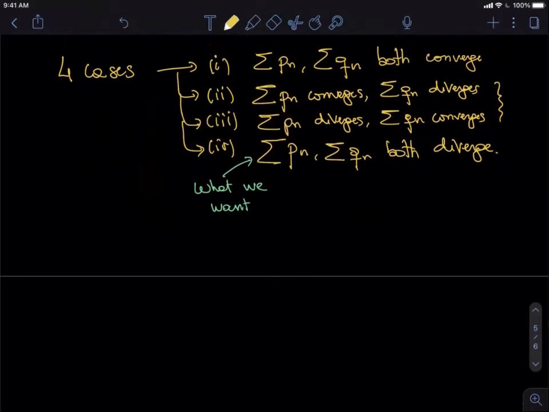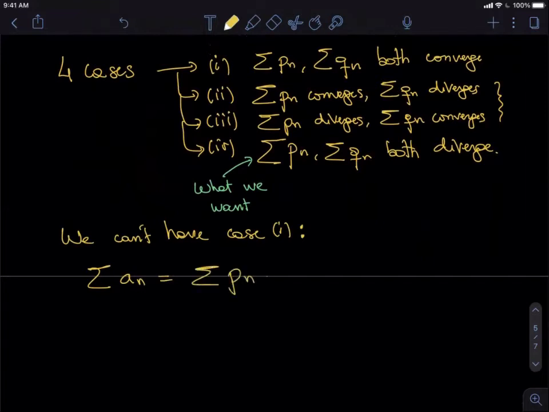So we need to show that we get a contradiction in all those cases. So we can have case 1. How do we show that? Well, because in that case, the sum of the An, which is the sum of the Pn plus the Qn, okay?